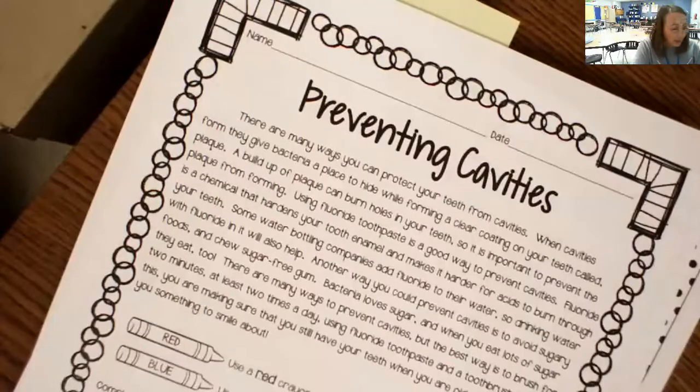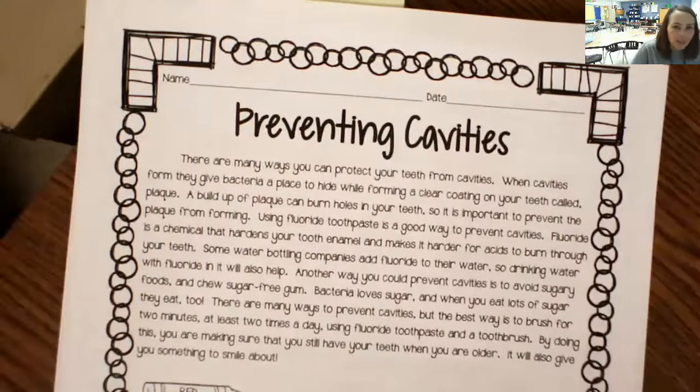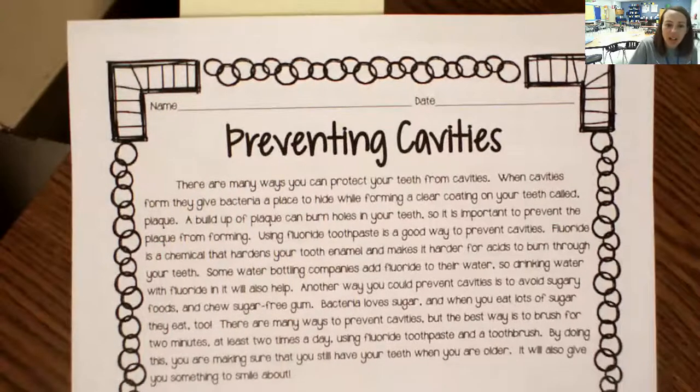And it actually kind of goes along with that last bag that we just looked at, because the title is Preventing Cavities. And so guys, when we were going through that PowerPoint, we talked about how by looking at that first sentence, that gives us a big clue. Well, another place that we can look to help us find the main idea is also by looking at the title.